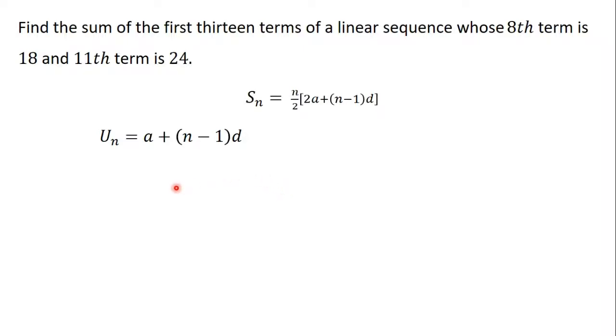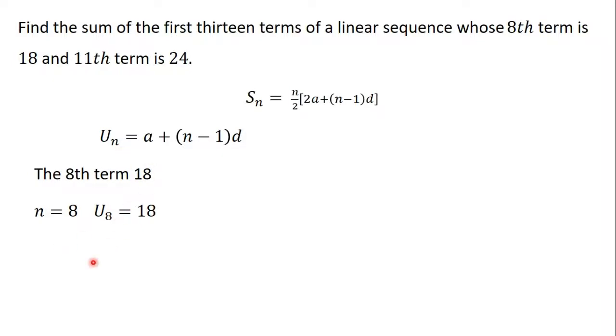We are being told in the question that the 8th term is 18. The 8th term in an AP is denoted by U8. So U8 is equal to 18. We are talking about the 8th term, so it means that n is equal to 8. Let's find U8 from the formula.